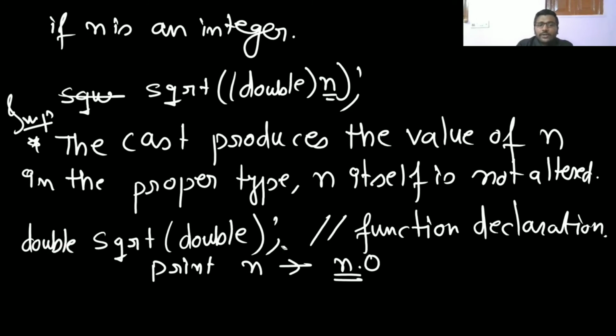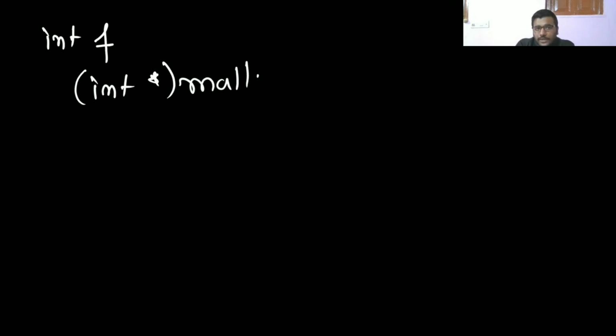So the cast affects the value being passed, that expression of the cast. But the variable itself is not going to change. What I mean is, like the malloc function where we properly use int star, we do malloc and we are casting that address, but whatever value it is having is not going to change.